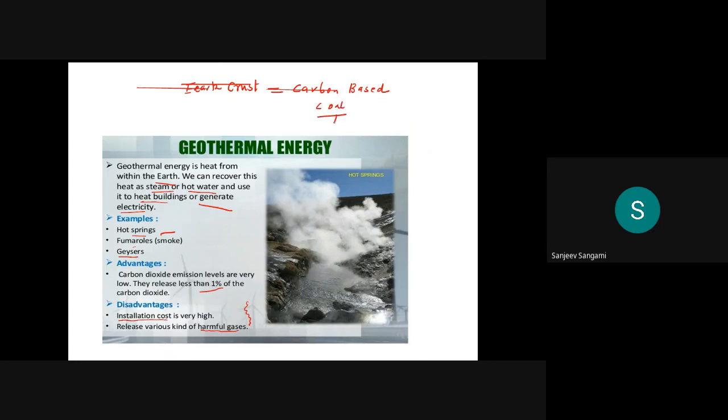If the heat is released from this, of course it is very less, but when coal-type minerals are there in the earth's crust and hot springs are releasing from that area, normally you'll get some carbon content in that. Of course, it is very less.